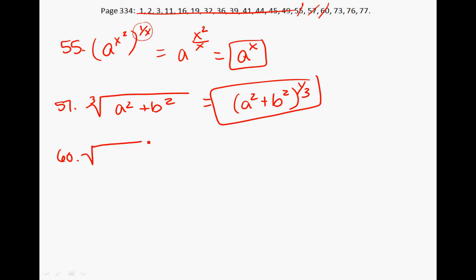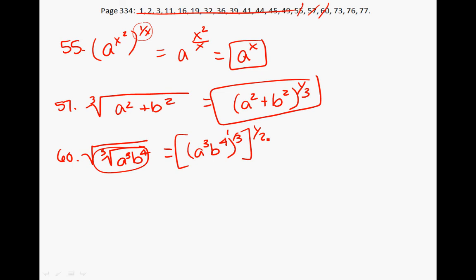Okay. How about 60? We have the square root of the cube root, and then a cubed b to the 4th. Okay, so let's first of all get rid of this inside square root. So we have a cubed b to the 4th, and that's to the 1/3 power. And then all of that is to the 1/2 power.